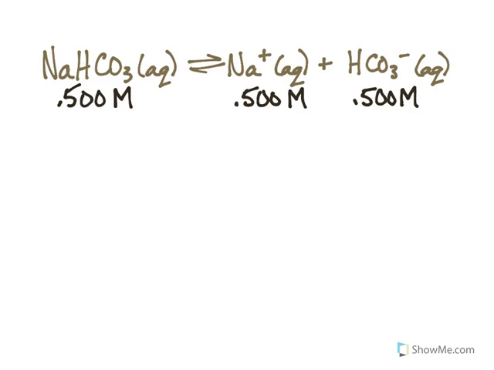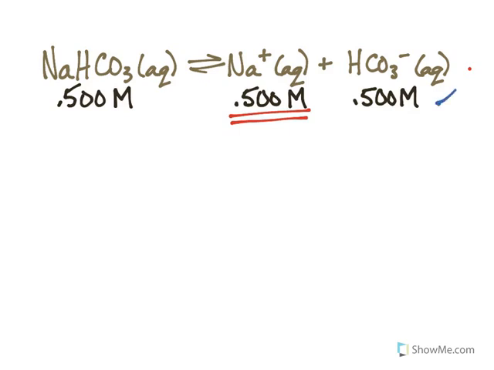When sodium bicarbonate dissolves in solution, it 100% dissociates to form 0.5 molar sodium ions in solution, but those are spectator ions and they will not hydrolyze. So they will not alter the pH of the solution.